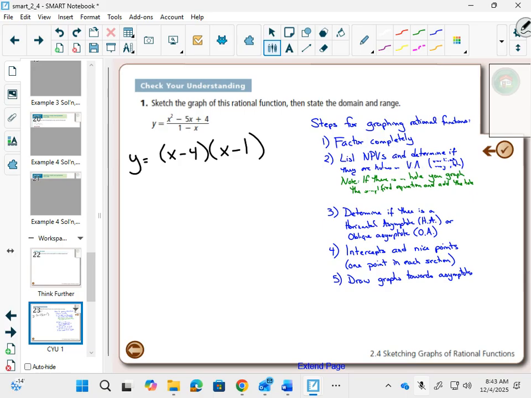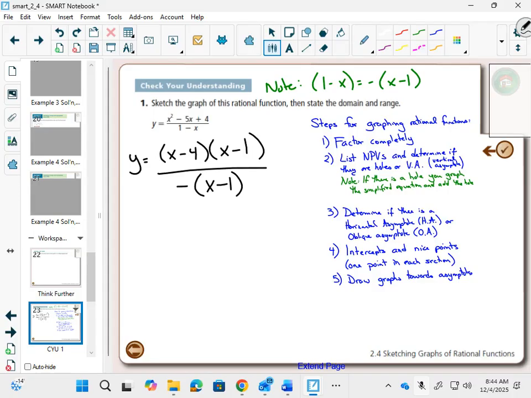And the bottom has a 1 minus x. So this is the algebraic thing. You've seen this before in the past. If you have a factor like x minus 1 on the numerator, and you have a 1 minus x on the denominator, you can factor out a negative.